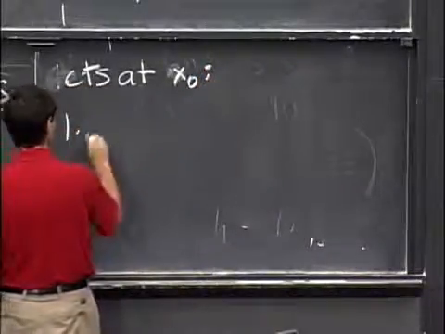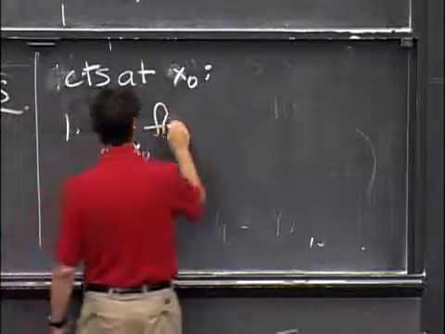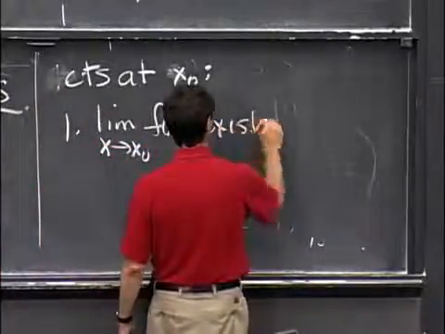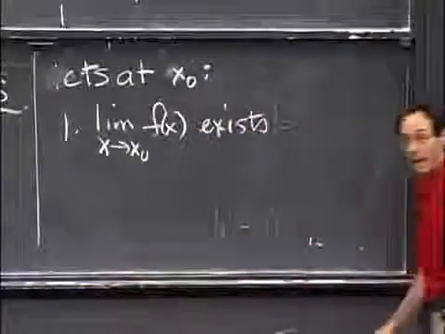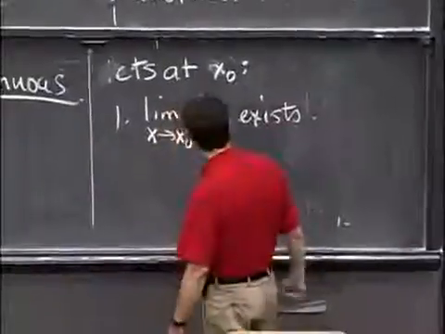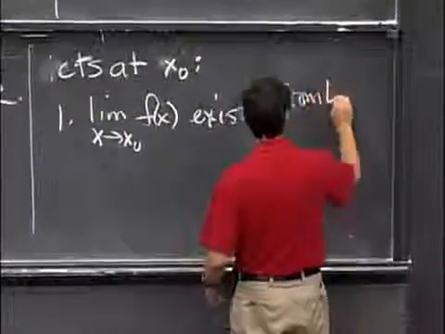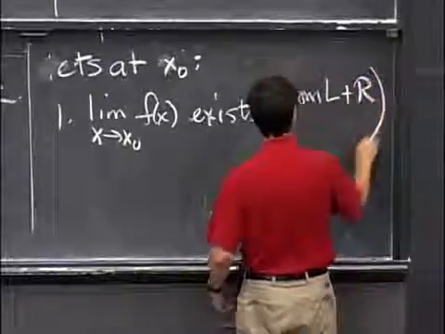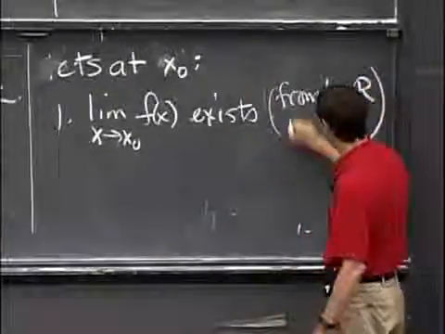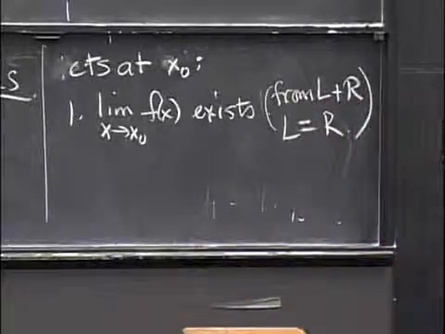The first one is that this limit exists. And what that means is that there's an honest limiting value both from the left and right. And they also have to be the same. All right, so that's what's going on here.